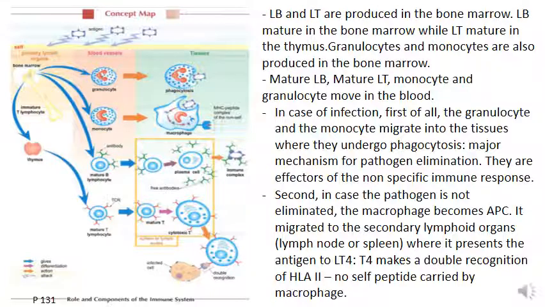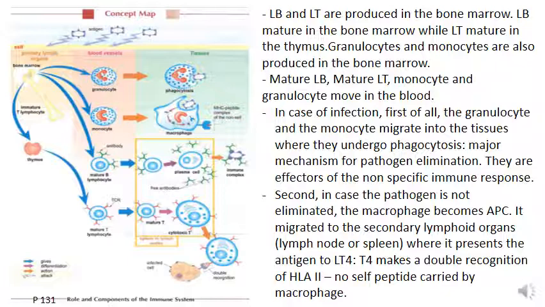Okay, I want you please to open your book on page 131, where you have this concept map, to do a summary of what we have seen in chapter 6. Okay, so you can see in the primary lymphoid organs, which are the bone marrow and the thymus, LB and LT are produced in the bone marrow.